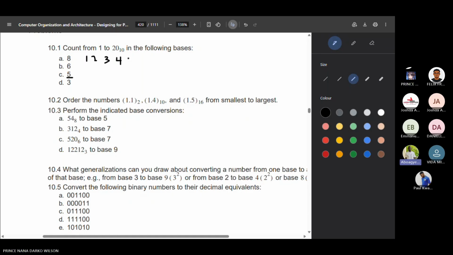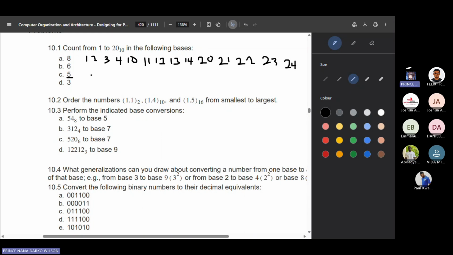So now we would have 1, 0, and good. 1, 0, then 1, 1, 1, 2, 1, 3, 1, 4. Then 2, 0. Excellent. Then 2, 1, 2, 2, 2, 3, 2, 4.